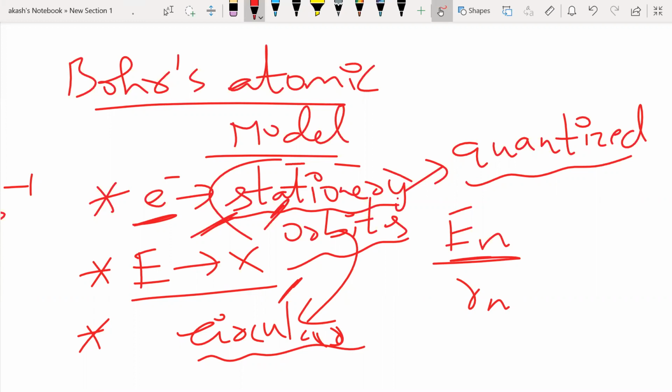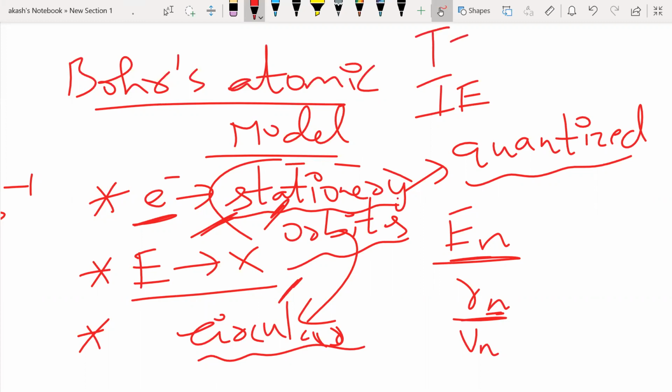He found out the radius of the nth stationary orbit, and the velocity of an electron in the nth stationary orbit. He also found out something called ionization energy. I'll tell you what ionization energy is, not the ionization energy which you know now.